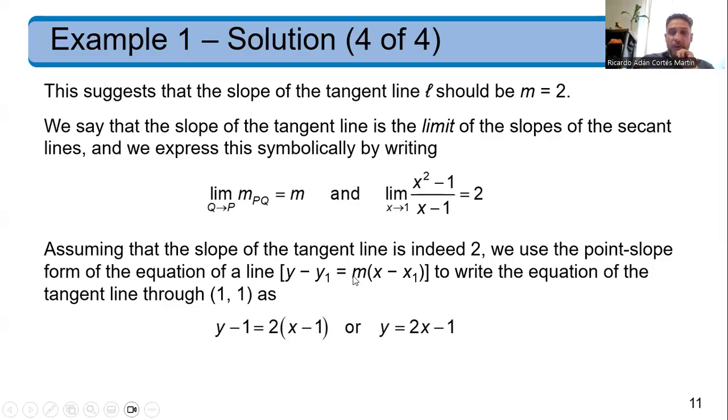So we already have the slope m equals 2, x1 and y1. We can substitute the values of P. So it's going to be y minus 1 equal to 2 times x minus 1. Or if we clear y, we get this value for the equation of the tangent.